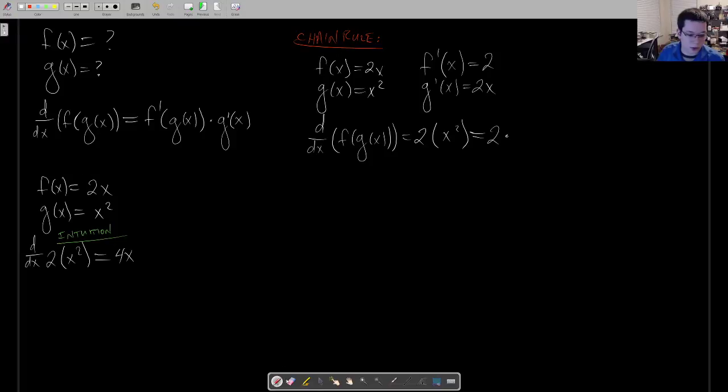I'm going to color code things because I can. So the derivative of the outer part is going to be 2 times the derivative of the inner part equals 4x, which is what we expected.